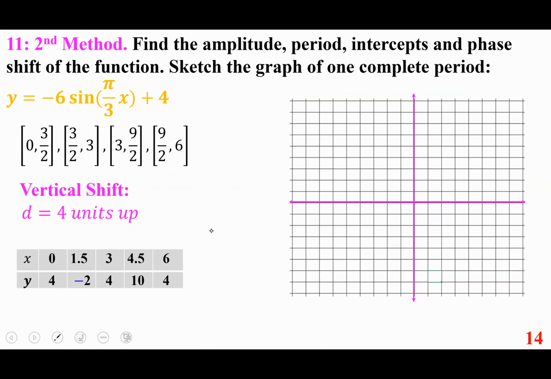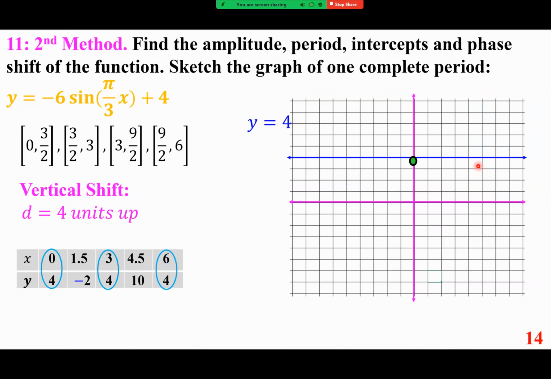So we have everything from the previous page. And as I mentioned, those are the points you have. So you treat this as though this is, in essence, your x-axis. Notice what happens.